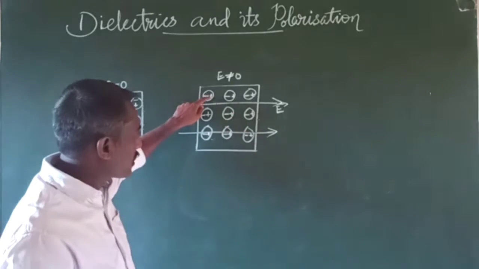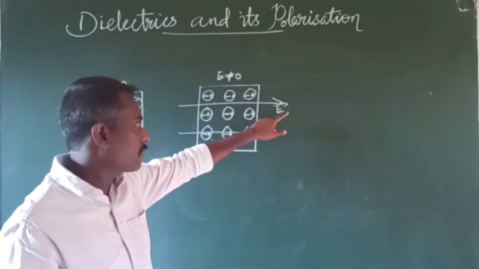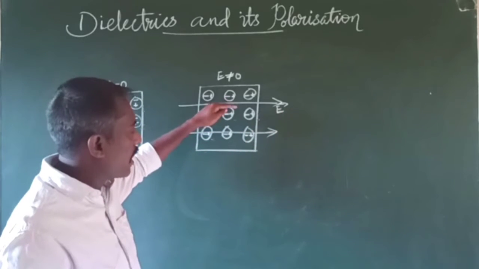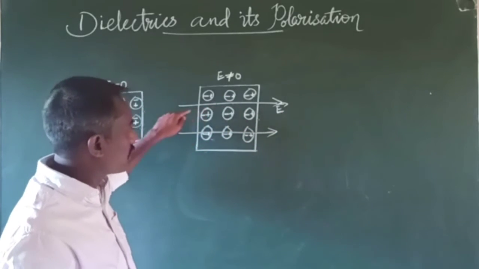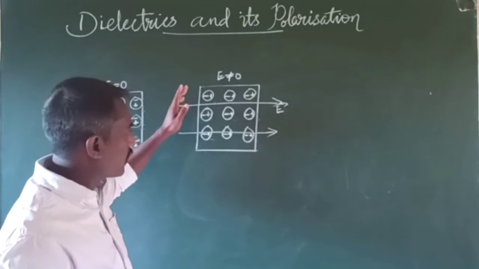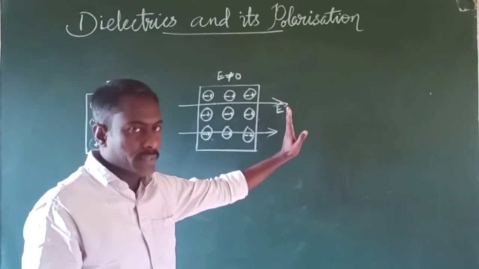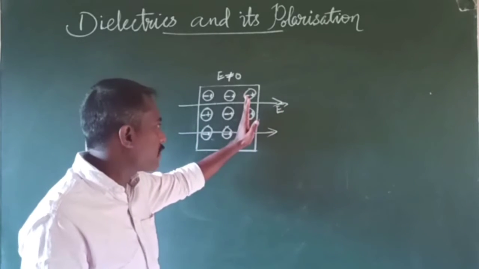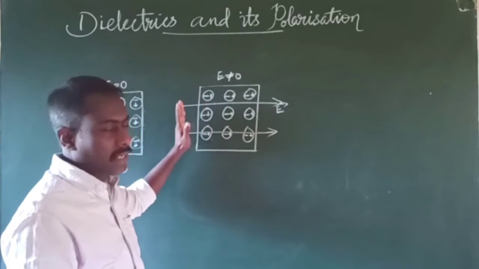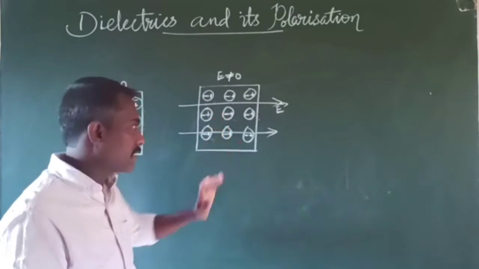The positive charges will align in the direction of the electric field, and the force on the negative charges acts opposite to the direction of the field. So all the positive charges will align to the right side of the dielectric, and all the negative charges will align to the left side.